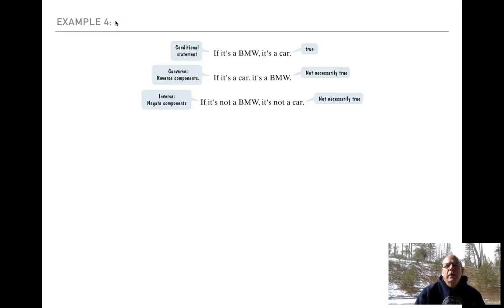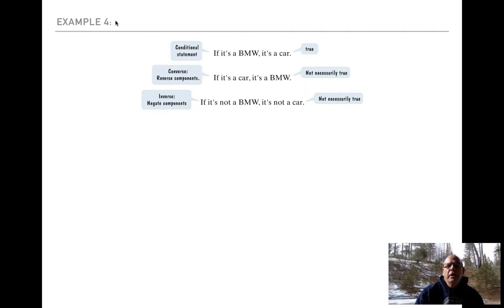Here's example 4 out of your book. Okay? The original conditional statement is, if it's a BMW, then it's a car. That's a true statement. Okay? The converse, remember, it just switches the order. If it's a car, it's a BMW. And that's not necessarily true. There's lots of cars that aren't BMWs, right? And then the inverse, if we look at the original statement, we keep it in the same order, but we put nots in both of them.